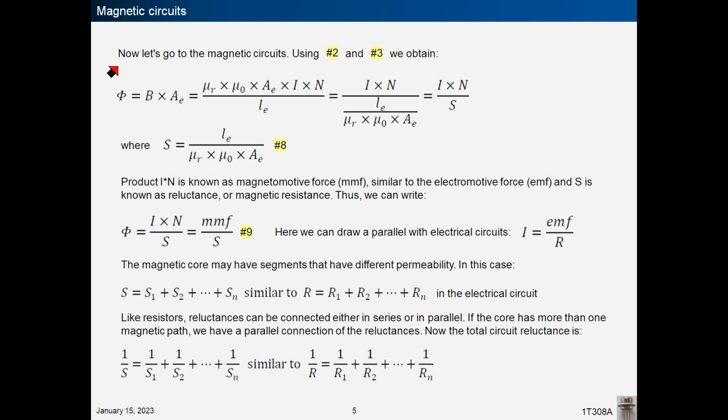Magnetic circuits. Now let's go to the magnetic circuits. Using equations 2 and 3, we obtain an expression for phi in terms of a variable S, where S is defined in expression number 8.